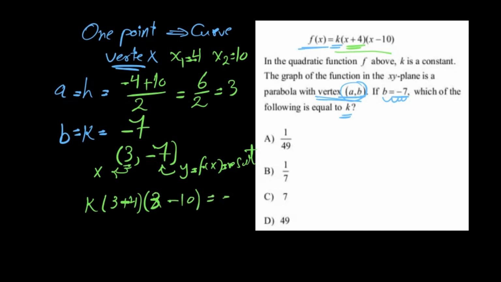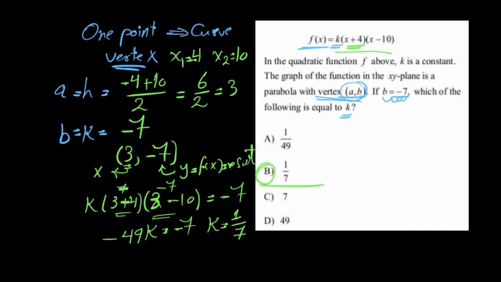The result has to be negative 7. 3 plus 4 is 7, and 3 minus 10 is negative 7. k times 7 times negative 7 equals negative 49 k, equal to negative 7. K equals negative 7 divided by negative 49, which is 1 over 7. The answer has to be 1 over 7.